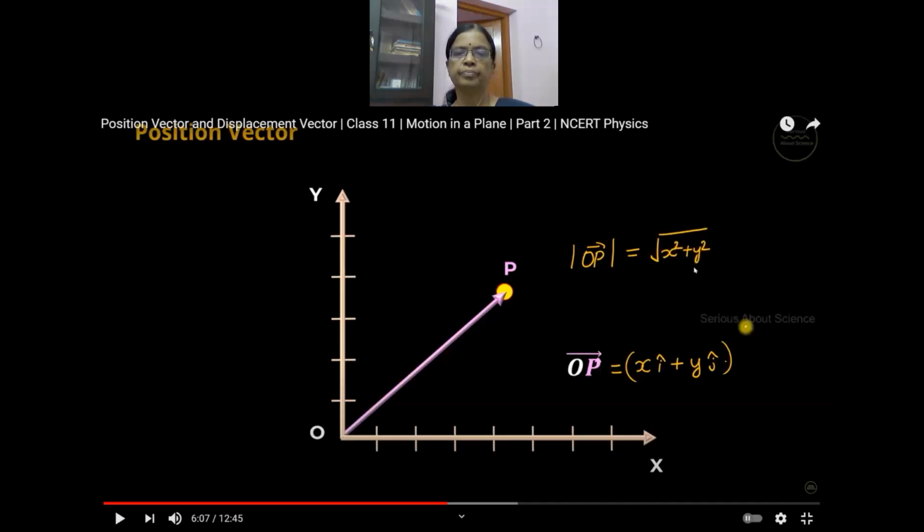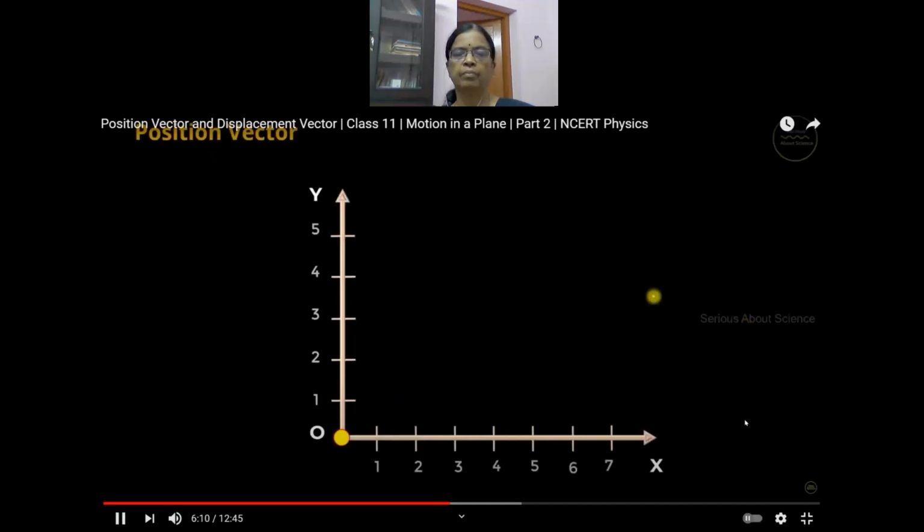Okay. Let us see some examples for position vector. Consider this to be the position of a particle. So here we can mark this point as point P. If I draw a vector from the origin to this point, we will get the position vector OP. Now it is given by 4 units along the x-axis.